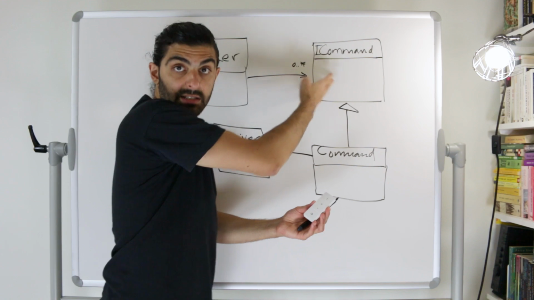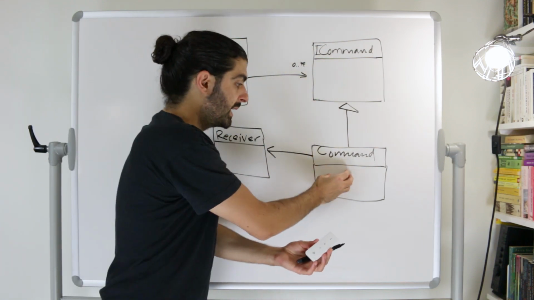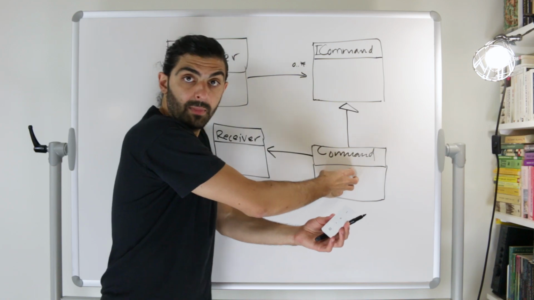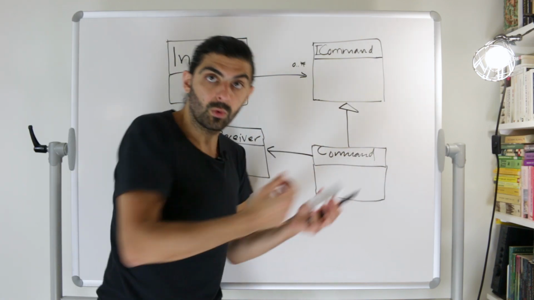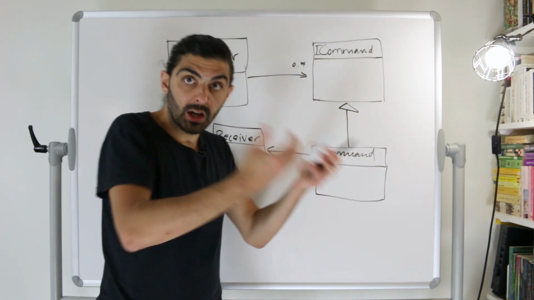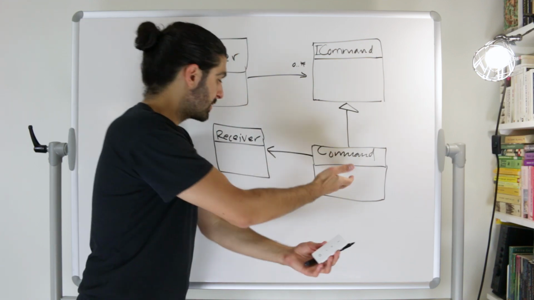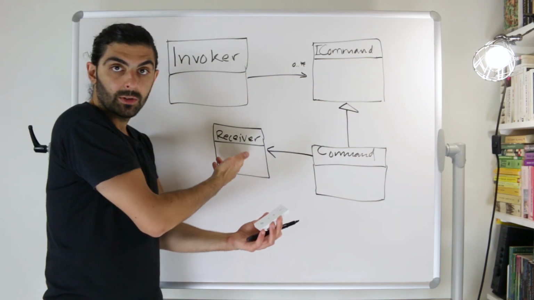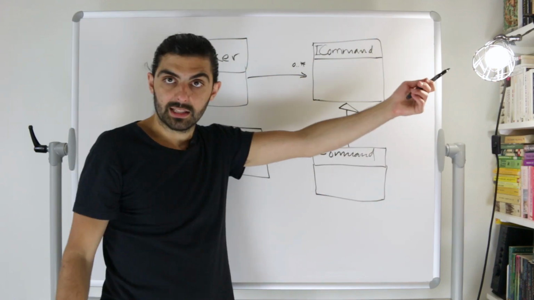Because the I command is an interface, it needs to be implemented by something, and it's implemented by any particular concrete command. And this command could be like a turn on light command, or turn on all lights in room command, or set color of light command. And that command acts upon some particular receiver. In this case, since we're talking about lights, a receiver would be something like this light.